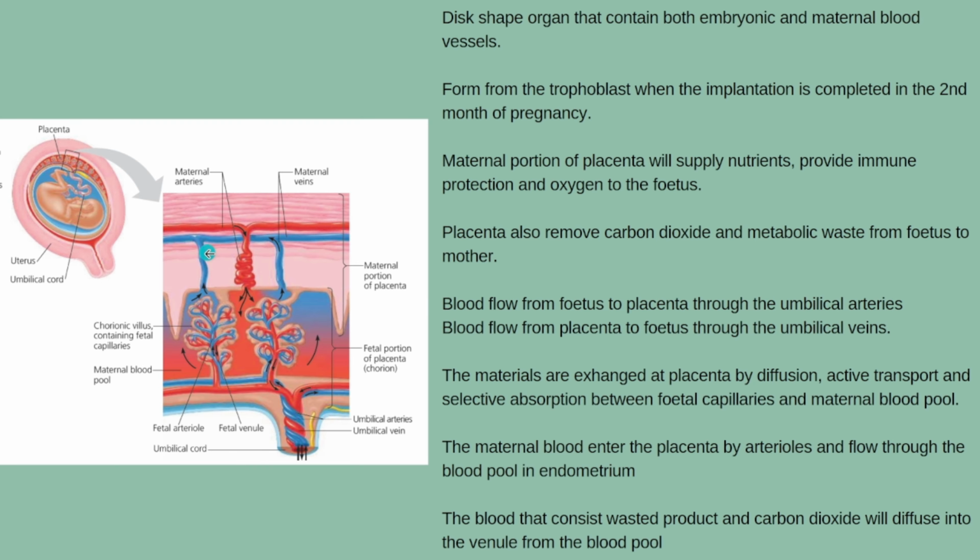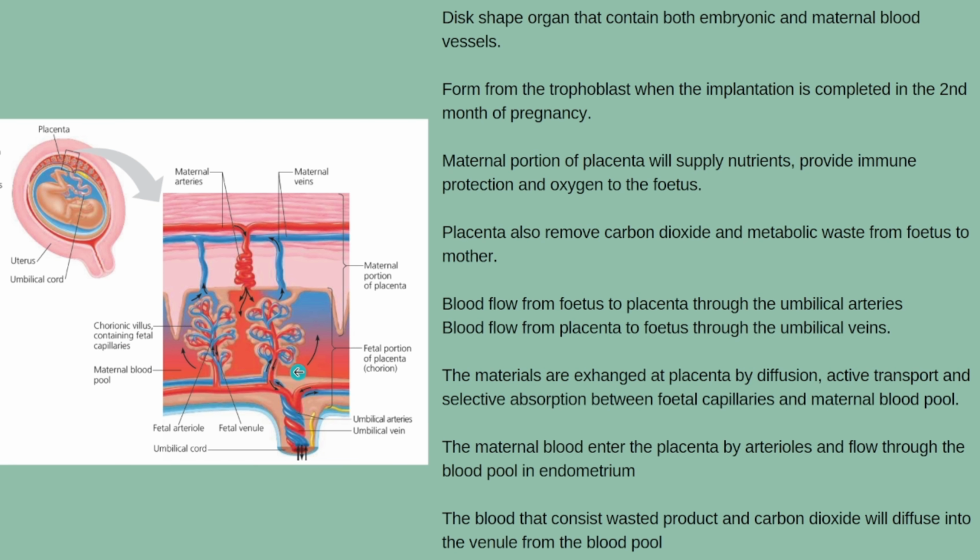Also the blood pressure of the mother is very high. If they were connected, the high blood pressure of the mother's part would make the blood vessels of the embryo part burst, because the embryo blood vessels are thinner compared to the mother's. So if you directly transfer this kind of pressure to the embryo part, the blood vessels of the embryo will burst.